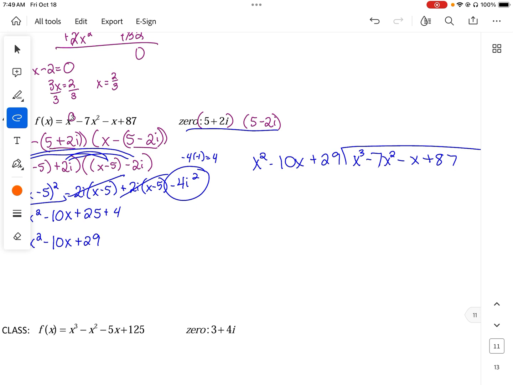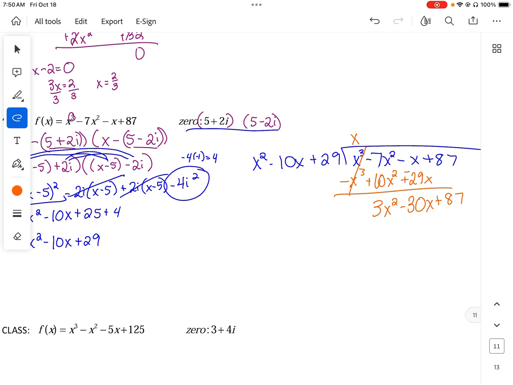Okay, so this is going to have to be x cubed minus 10x squared plus 29x. Okay, now we subtract, so that means I change all my signs. Those cancel. I get 3x squared minus 30x plus 87.